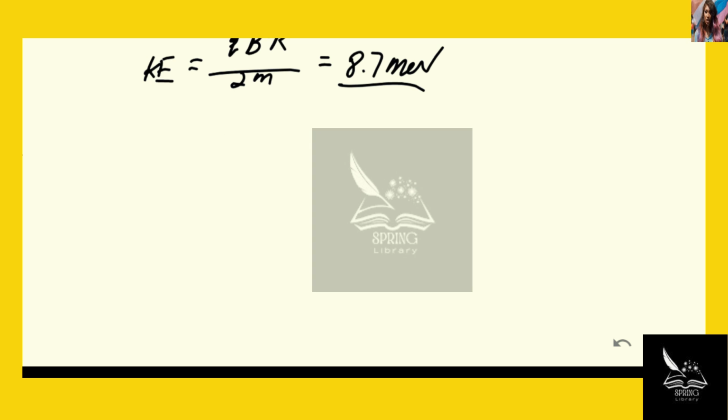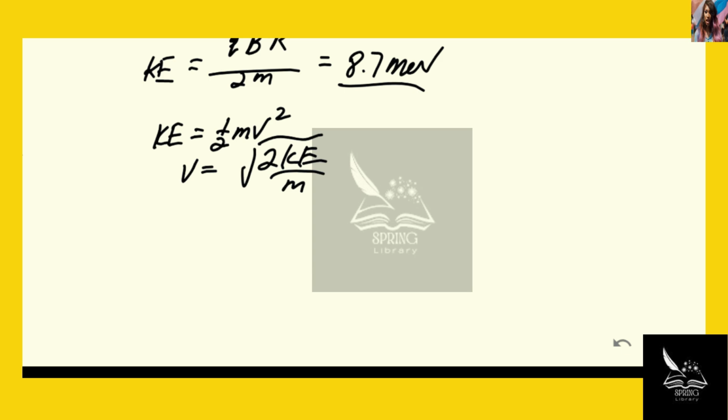Now to find the velocity, we equate kinetic energy to be half mv squared, assuming that it is not that relativistic. So from half mv squared, we can find v to be the square root of 2KE over m. Now the kinetic energy, since it is in terms of MeV, we'll have to convert that into joules to get our velocity.